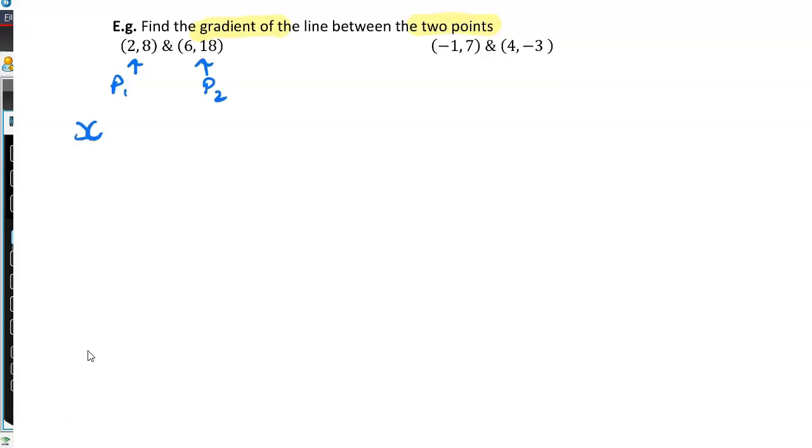So x1 is equal to 2, y1 is equal to 8. Now you don't need to do this every time. I'm just doing this the first time to help out everyone. So x2 is equal to 6 and y2 is equal to 18.